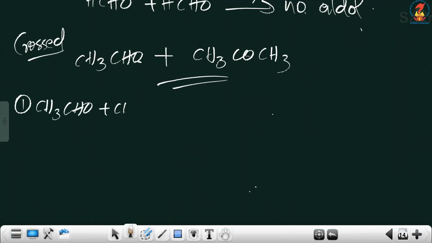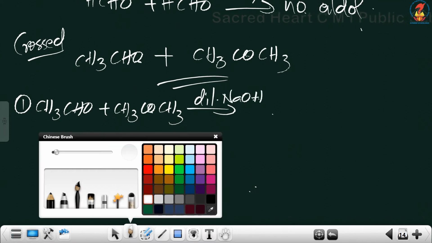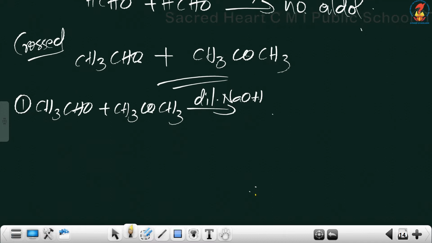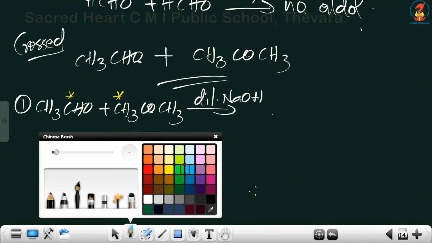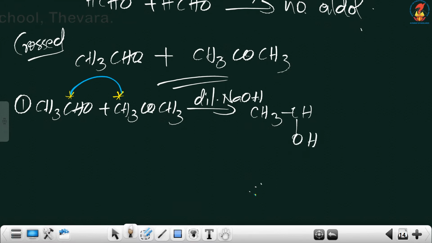CH3CHO is reacting with CH3COCH3, reagent dilute NaOH. How to write the product? Mark the carbonyl carbon in the first, the alpha carbon in the second, and connect. So what will we get here? CH3, CH, O will become OH.